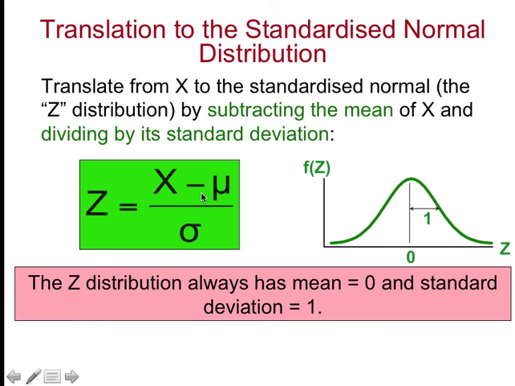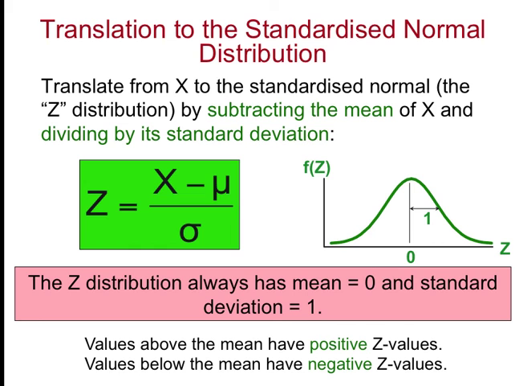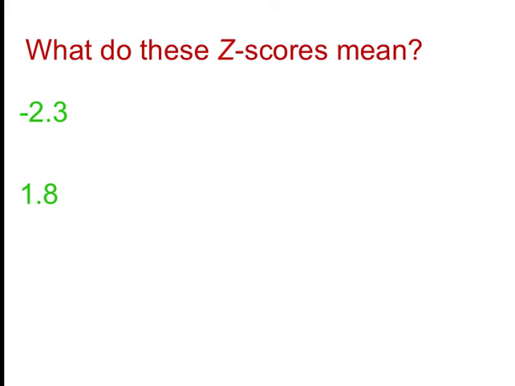The mean of the Z distribution is always 0, while its standard deviation is 1. The values above the mean always have positive Z values, while those below the mean are negative.